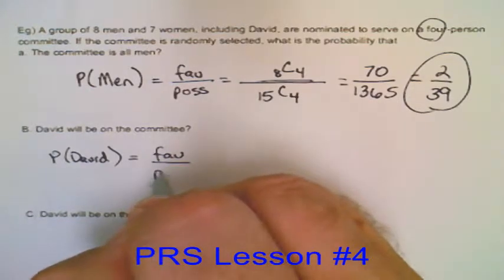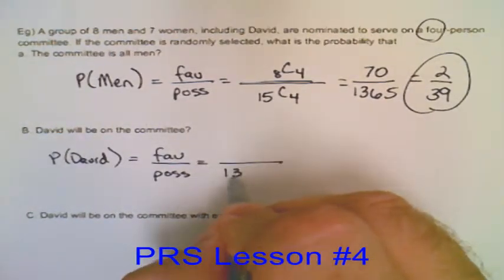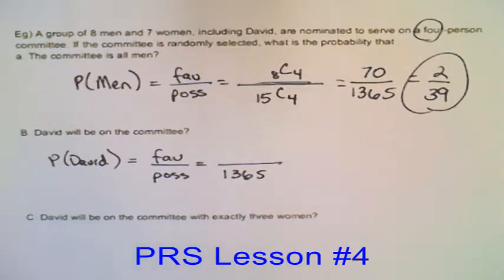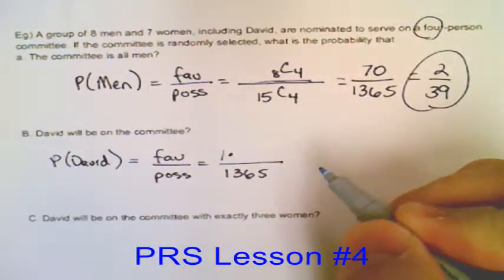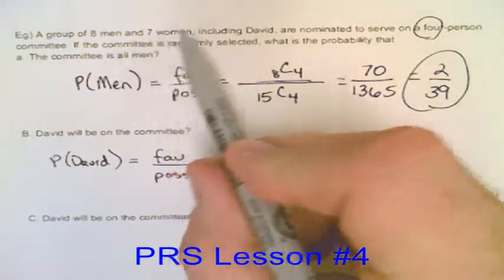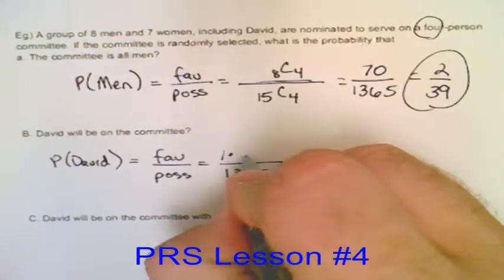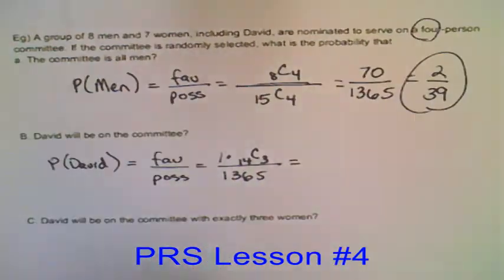Now I can just take this context and do more. David will be on the committee. So the probability that David is there. It's favorable over possible still. Within the same context, the possible is the same, so 1,365. I calculated it before, I'm just keeping going with it. Now, David being on the committee: if David is there, I've got David plus 3 other people.